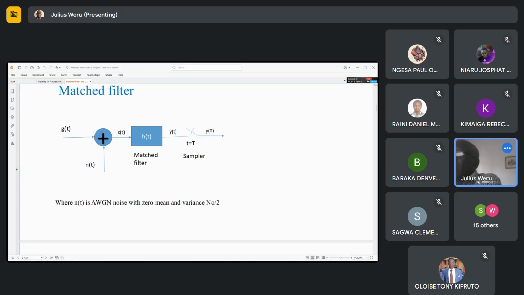So we are saying if this filter can match the shape of the g(t) of the input signal, that is before it is contaminated with the noise, then you can maximize the signal to noise ratio.